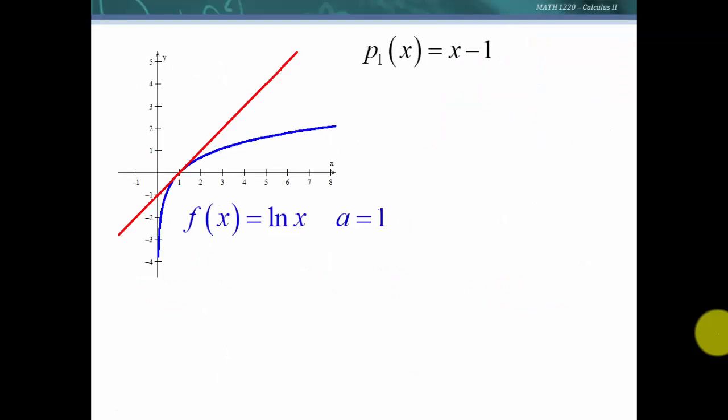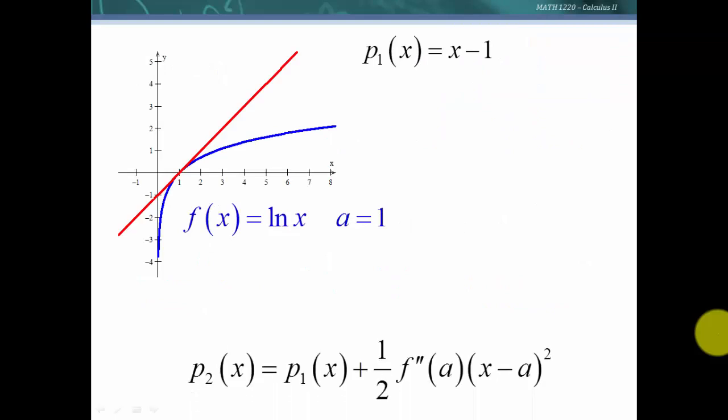Let's take this and apply that to our specific example then. So we need to find the second derivative at a. We had our first derivative was 1 over x, and our second derivative would be negative 1 over x squared, and our second derivative at a, and a was 1, so that would be negative 1.